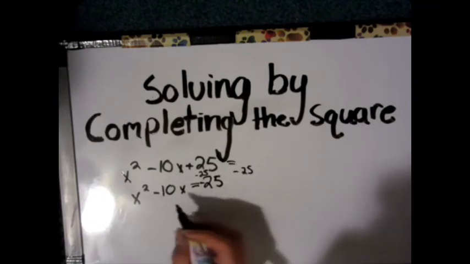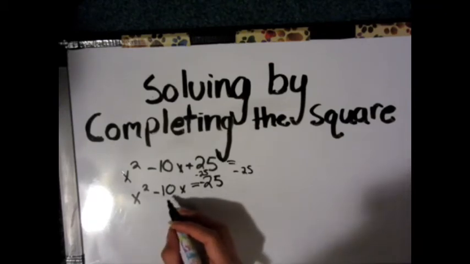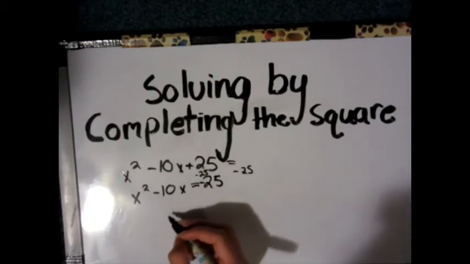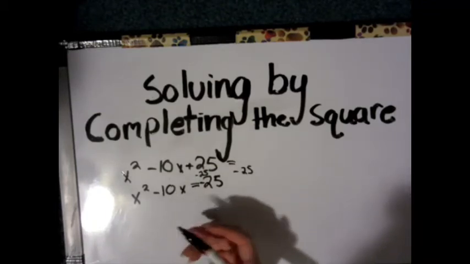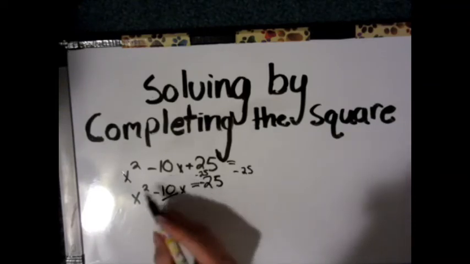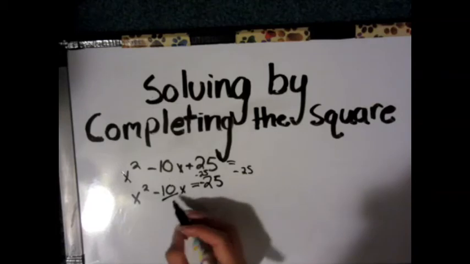And now that you have it moved over, you're going to find how to make it a perfect square. In this case, it's not super helpful, but you're going to find it when you're doing completing the square.